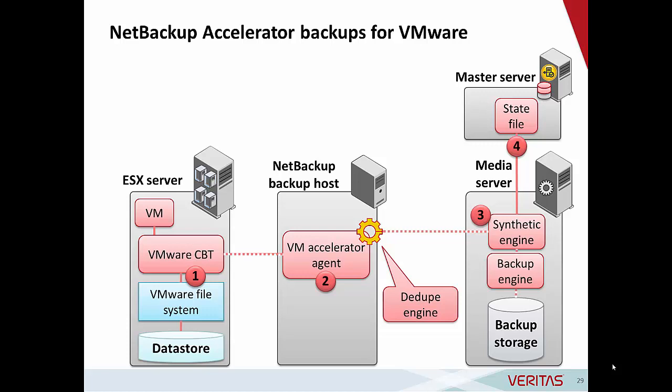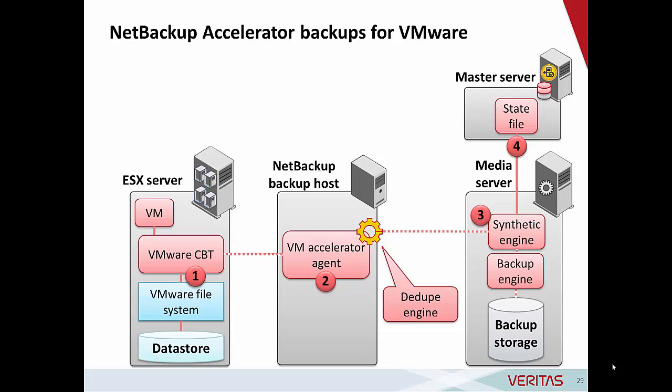Synthesizing the full backup is done by processing the changed blocks with the records of the last full backup. And then that metadata in the state file is updated to reflect the current backup, and then the state file is passed back up to the master server where it's stored. Again, the function of the state file in these backups is similar to the track log that's used with regular Accelerator backups.